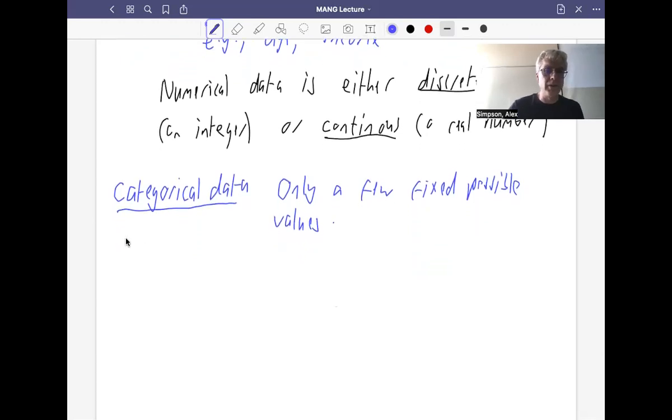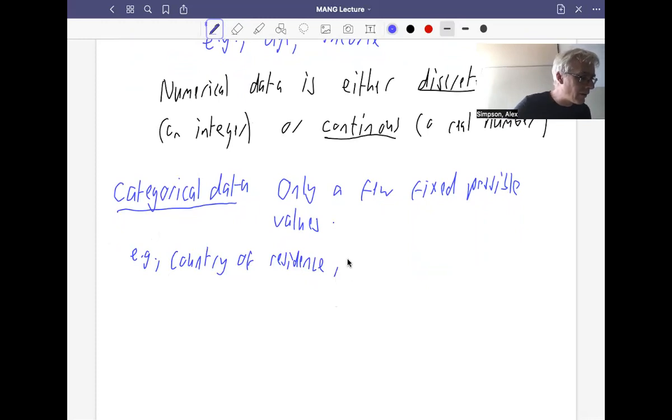For example, country of residence, that's one of the however many EU countries there are. I don't know how many there are. So country of residence, nationality. Nationality is one of the countries in the world.